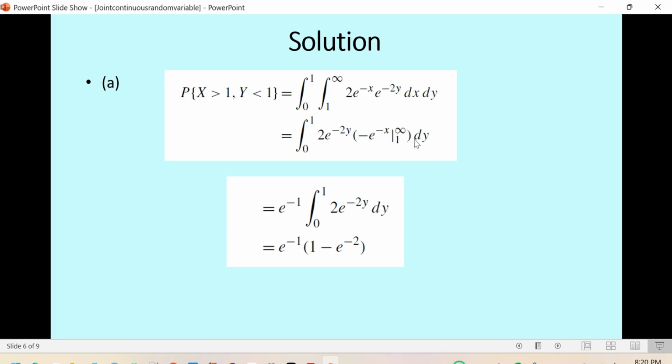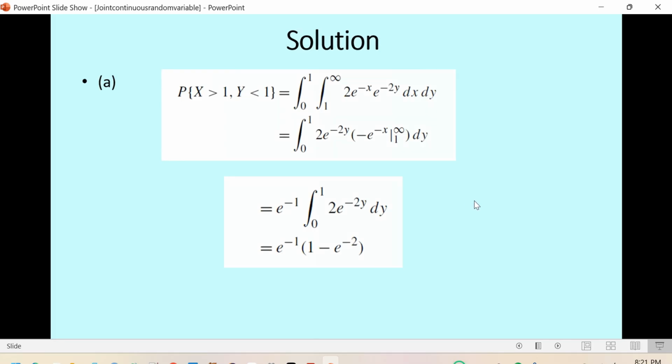Then this is without x now. So the second step is to take the integral of the expression with only y, but here we can take e to the minus 1 power out. Then we integrate this expression and get a result without x and y. Right? So the first question is quite easy to solve.